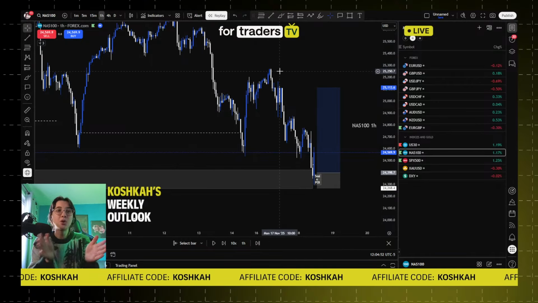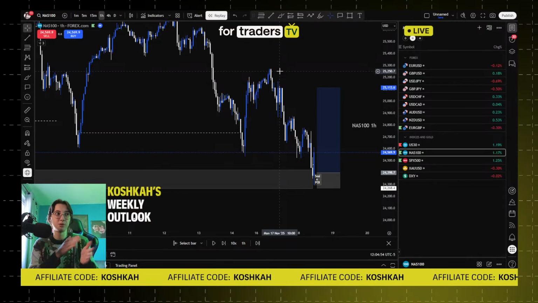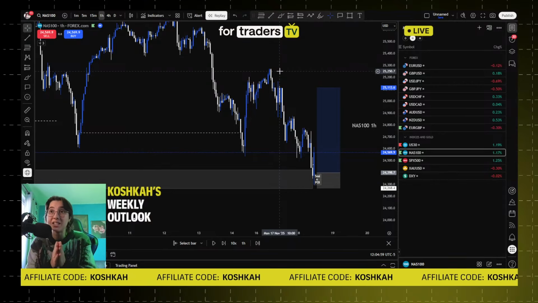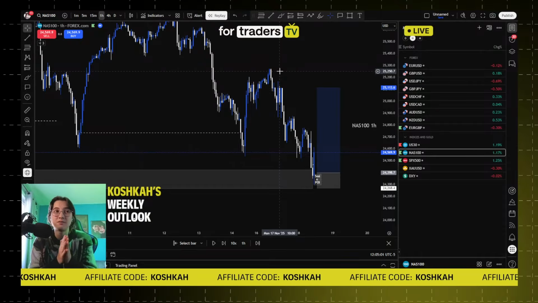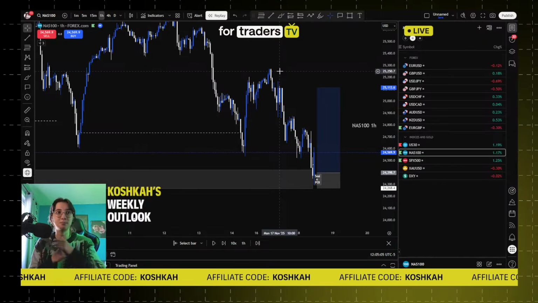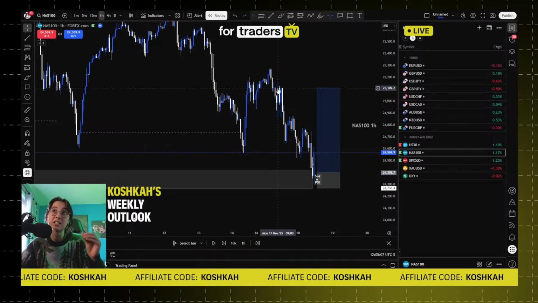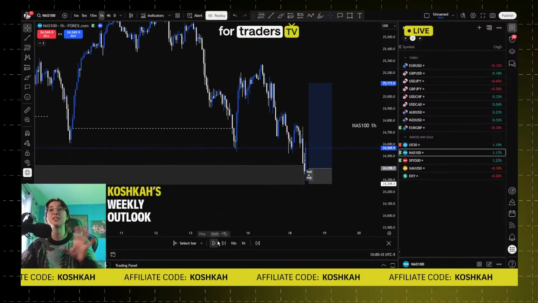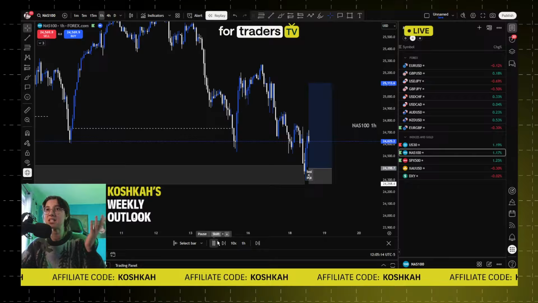Some of you were there when this trade was happening. This trade was forecasted live. Some people said they joined the live stream and took the same trade. Perfect, but I was exactly explaining this is the high we need to take. So both trades are set. You're good to go. Let's see what's gonna happen.